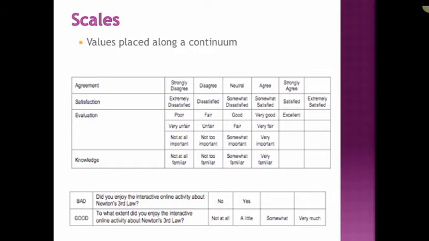So for instance, rather than asking someone's enjoyment with maybe a classroom activity and just saying, okay, did you enjoy that? Yes or no? Maybe it's better to ask them to characterize their level of enjoyment on a scale, maybe a 4-point scale from not at all, a little, somewhat, or very much. So scales are very commonly used, and they're really nice to try to measure people's emotions or behaviors.